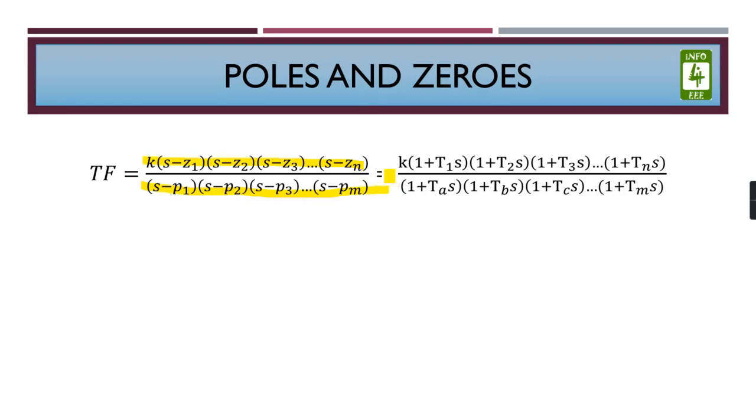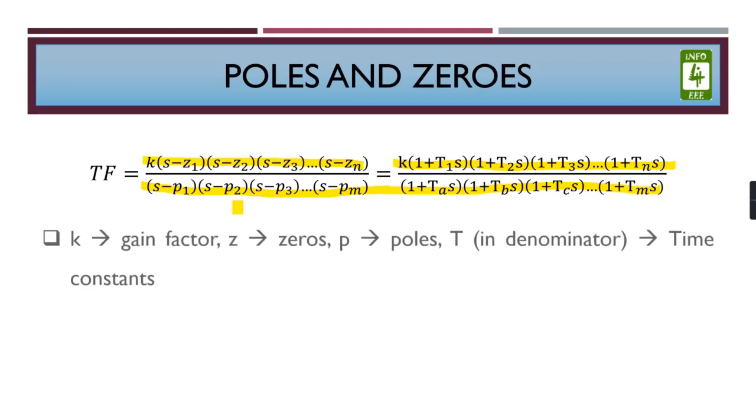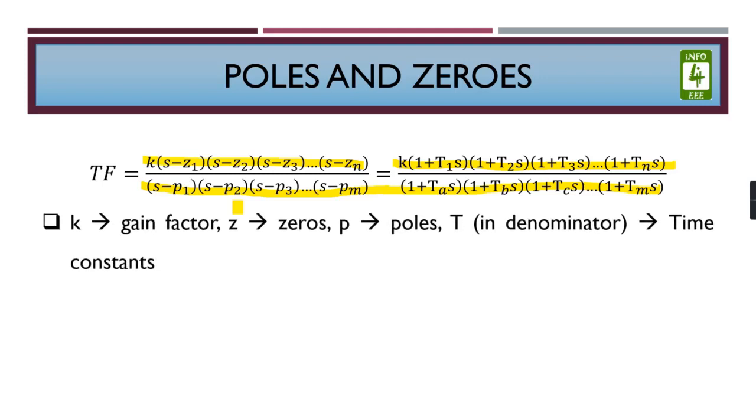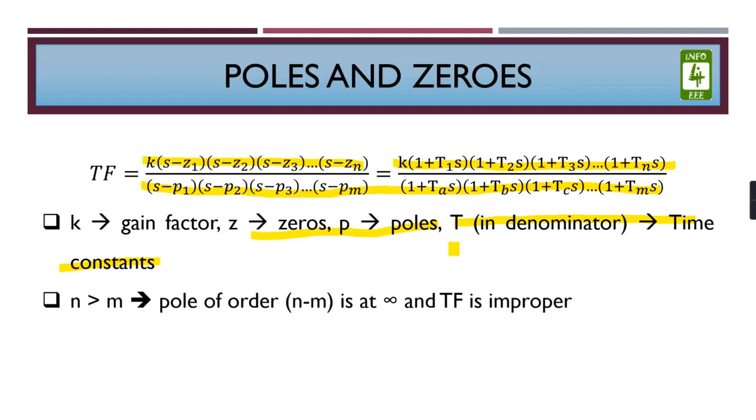Now this can also be represented as k into (1 plus t1 s) into (1 plus t2 s) and so on into (1 plus tn s). Similarly, in the denominator, we can write up to m terms. Now these notations are given as k is the gain factor, z is zeros, p is poles, and t in the denominator are time constants. Always remember, in the denominator only. In the numerator we do not care.